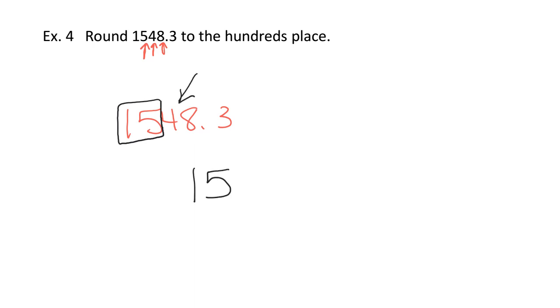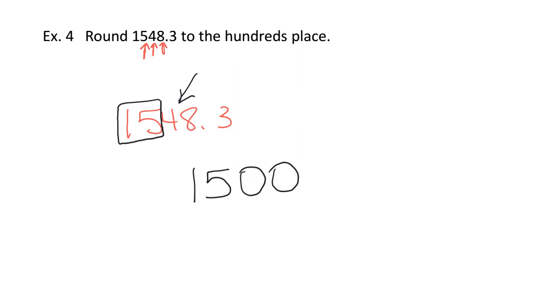Well, I don't round up, but 15 is not the same. It's not as big as 1,548. So we have to put 2 zeros in to tell whoever's looking at this that it's 1,500. It's not 15, it's 1,500. Because if you actually say the number in words, it's 1,548. Well, that's less than 1,550, so it's about 1,500.